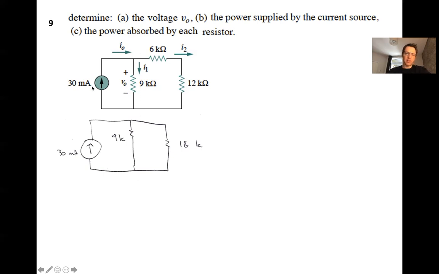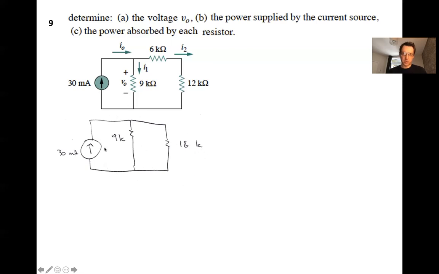And we still have the 30 milliampere current source. We're interested in finding the voltage V0, which is the voltage across the 9 kilo ohm. This is the classical scenario for applying current division. Remember, this resistor occupies 1/3 of the total resistance, and this resistor occupies 2/3 of the total.